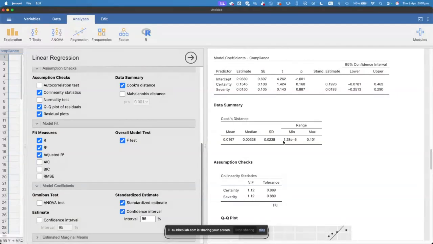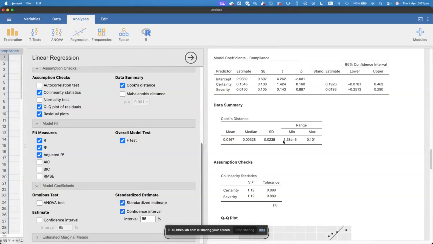What about Cook's distance? Does anyone remember what assumption that's assessing? So Cook's distance is assessing multivariate outliers.